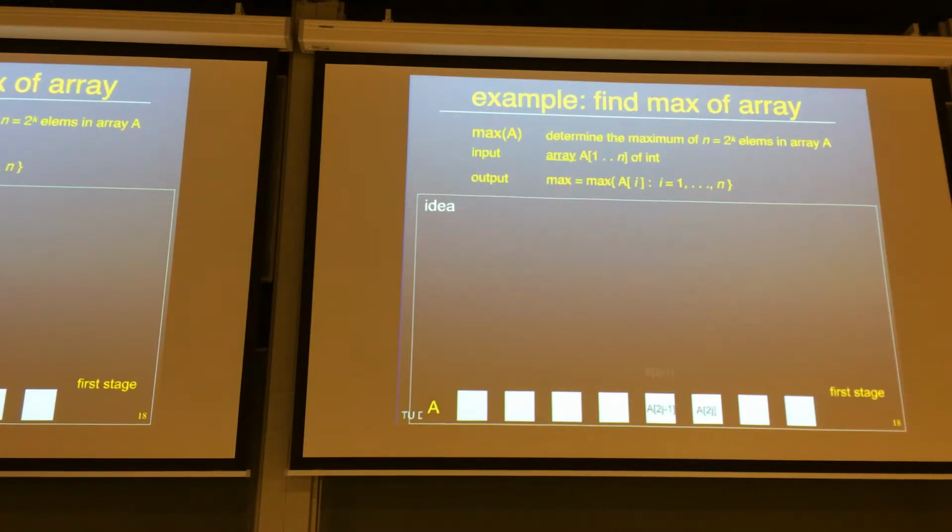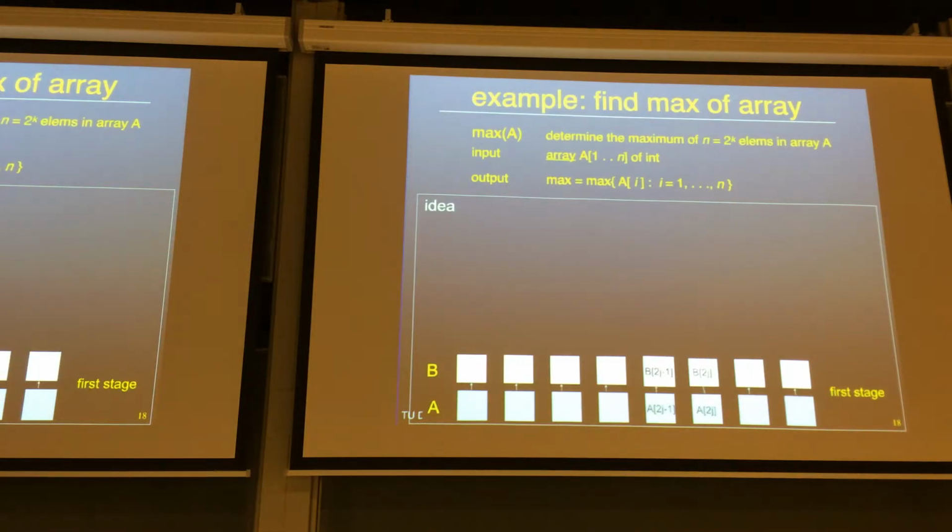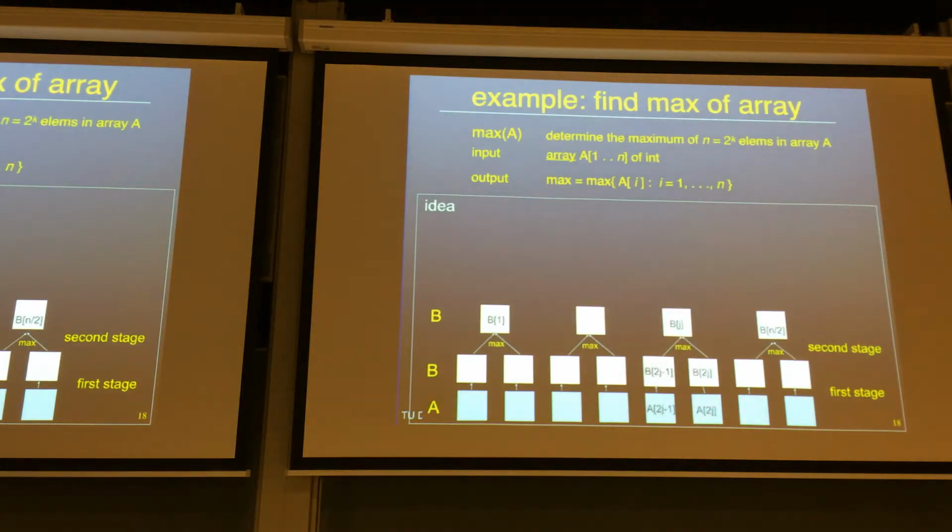So what we do first is copy A into a second array B. Then we take pairwise comparisons between adjacent elements in B and we store the maxima again in the first half of B. So here the first two are stored in B1, and then numbers 3 and 4 are stored in B2, and here we have B(n/2), which contains the maximum of the last two elements. When you have these maximums, you perform the same game again.